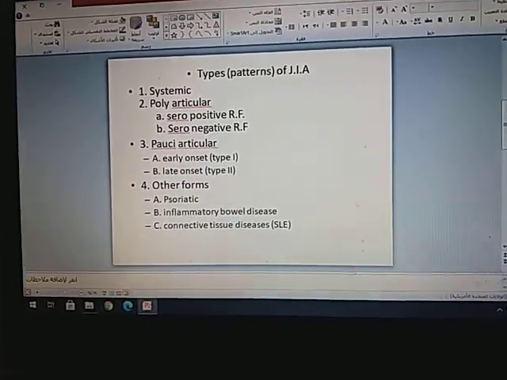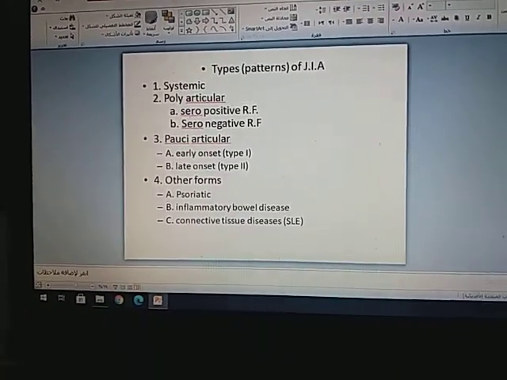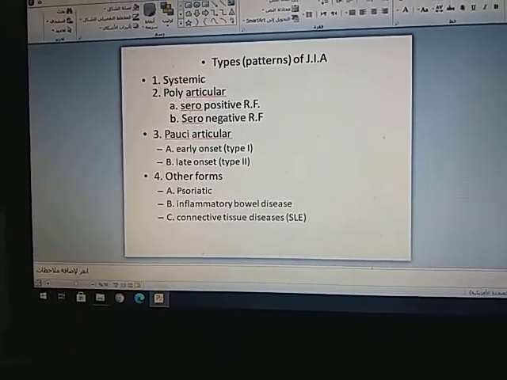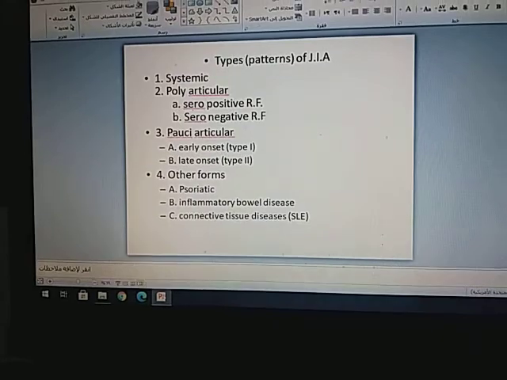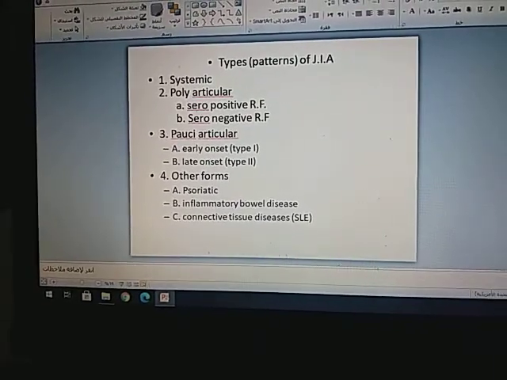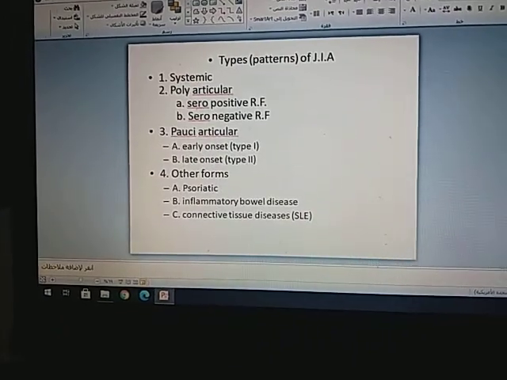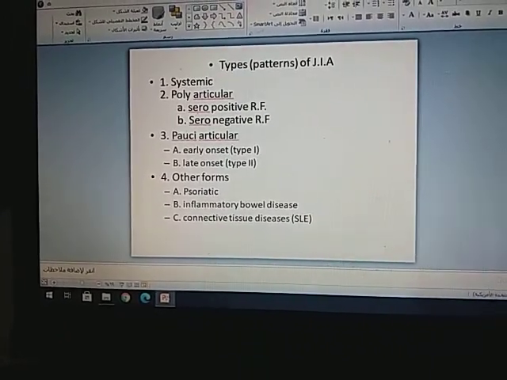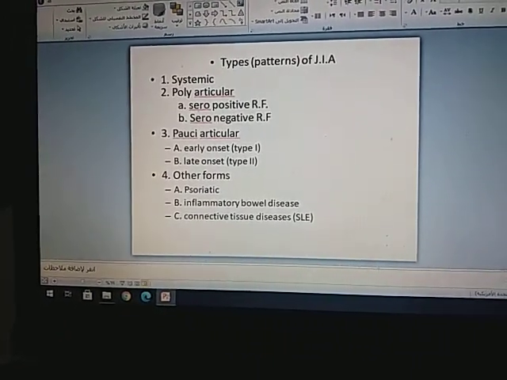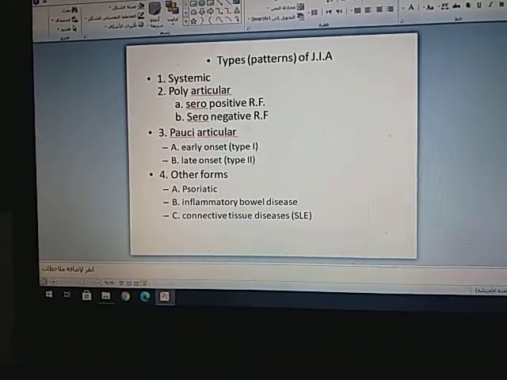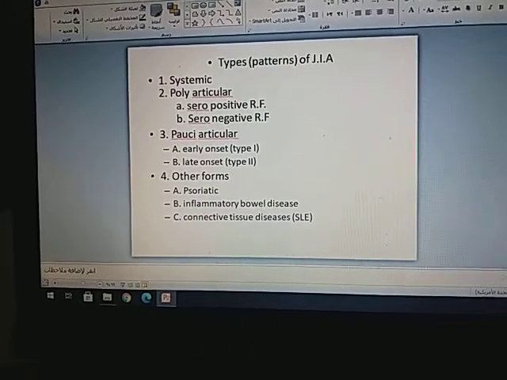Now, the polyarthritis might also be divided into early onset and late onset. Early onset is usually at the age of 5 years, and late onset in adolescents, 12 years and so on.